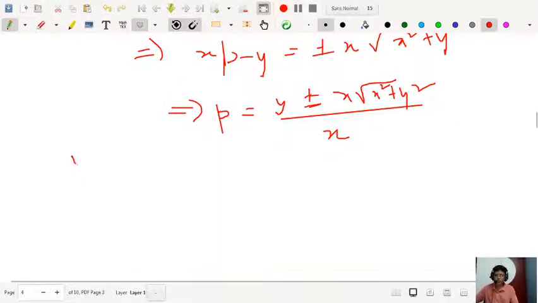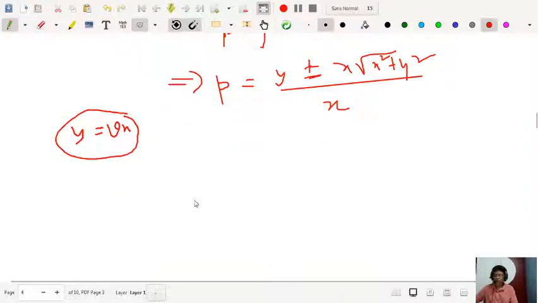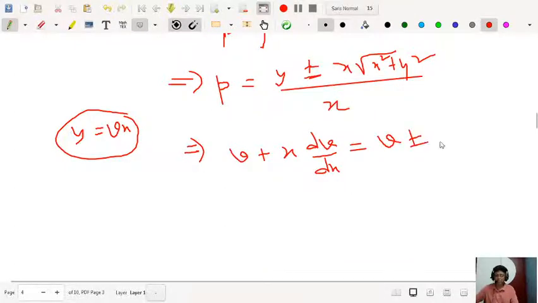So if you substitute y equal to vx, then your p is your dy dx, so the left hand side will be v plus x dv dx, and equal to y by x, that is your v, plus minus root over 1 plus v square.